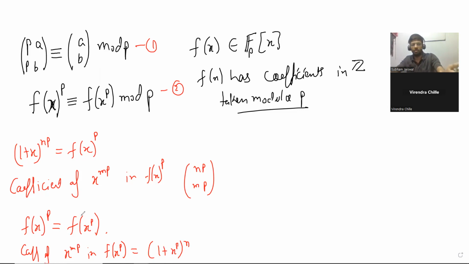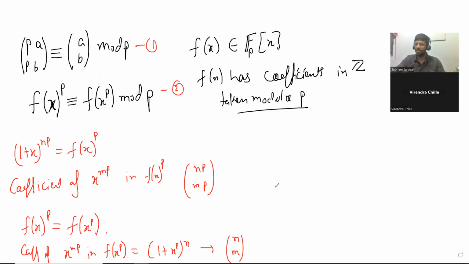But now we are looking at this version of the polynomial. They are the same polynomials, but we are looking at this version, and the coefficient is exactly n choose m.